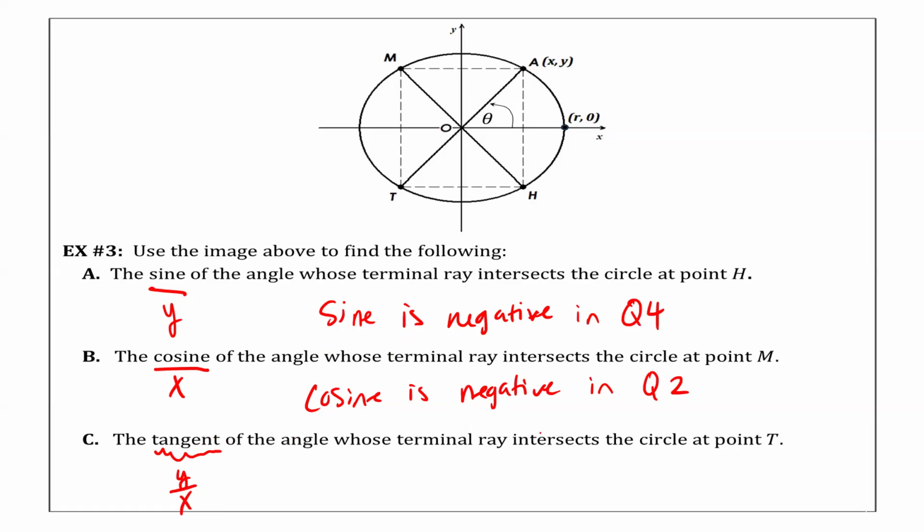So point T is in quadrant 3. Do we see that? In quadrant 3, what is the relationship between our X's and Y's? They're both negative. So if tangent is Y over X, and we have a negative sine and a negative cosine, what does that make tangent?